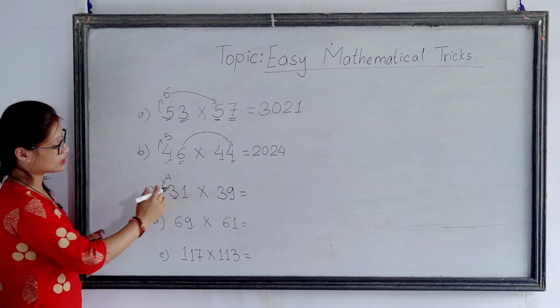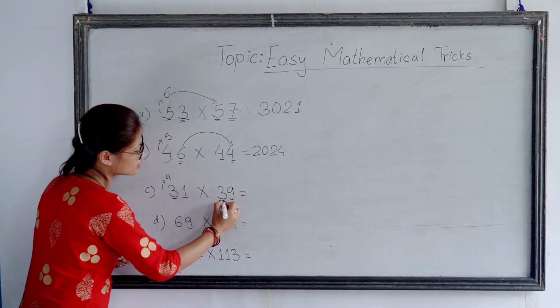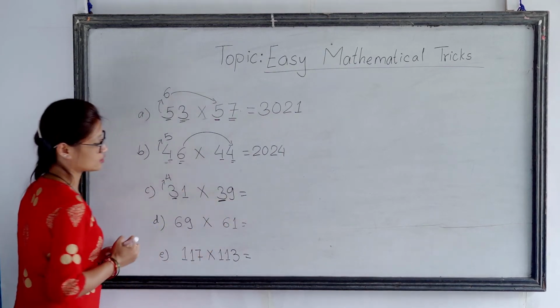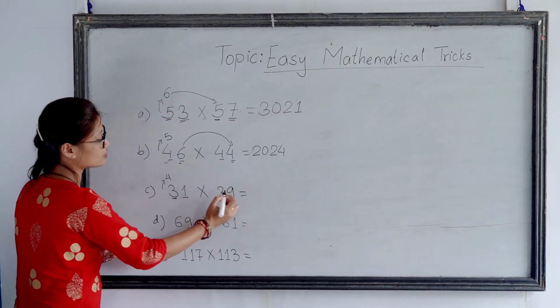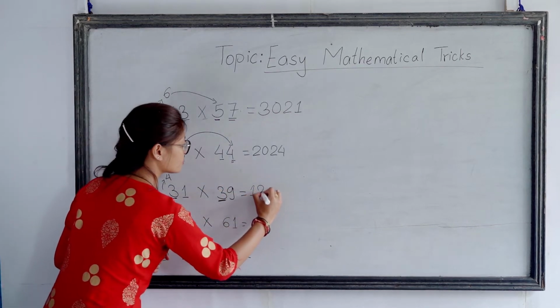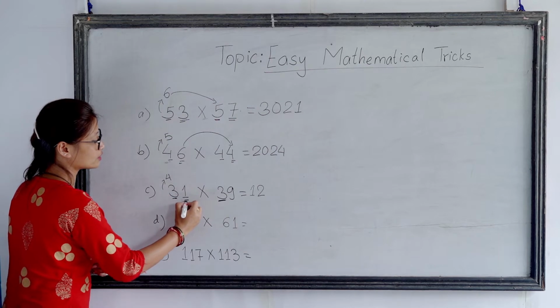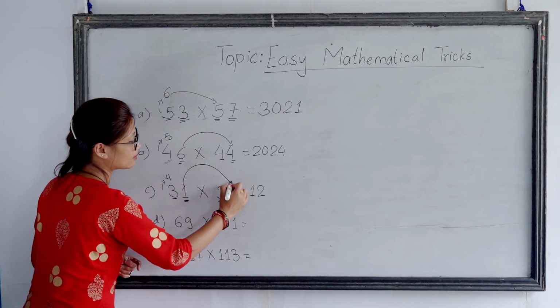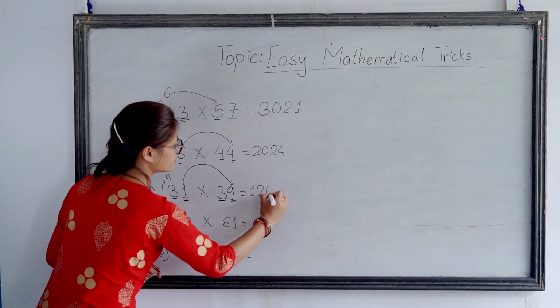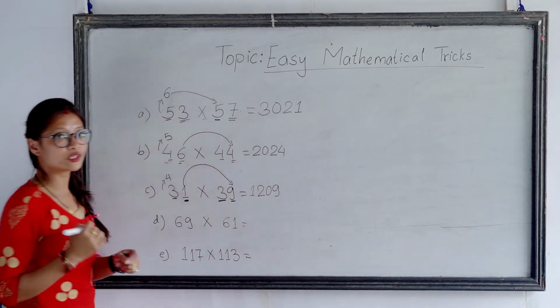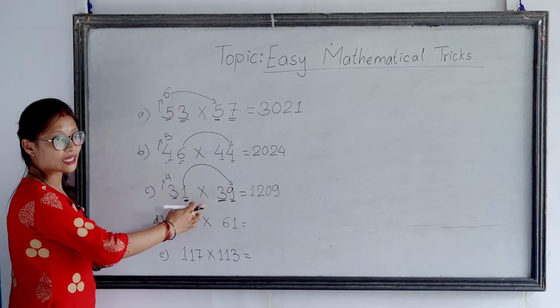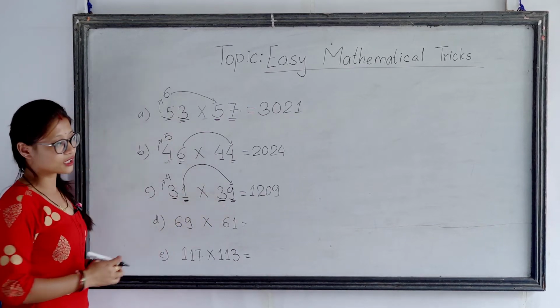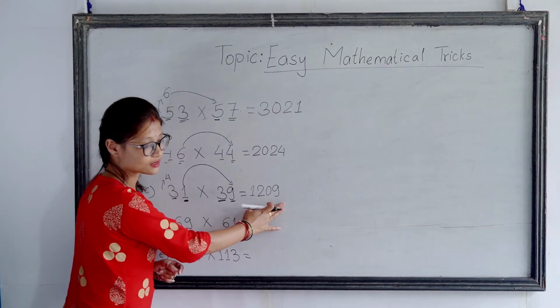So let's multiply this 4 with the first number 3. 4 3s will be 12 and 1 multiplied by 9 will be 9. So when we multiply 31 times 39, our answer comes 1209.